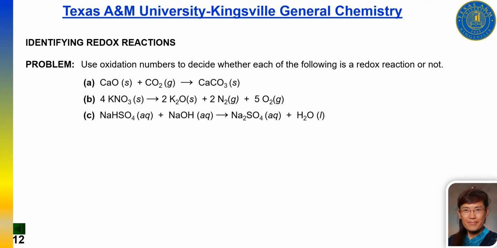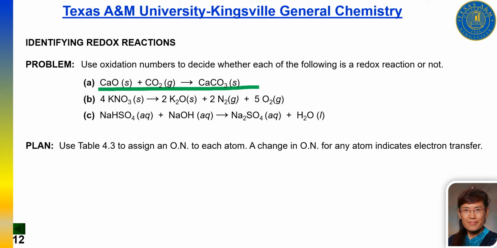If you already know the oxidation numbers, how do you know whether an oxidation-reduction reaction occurs or not? If there is a reaction, is this reaction a redox reaction? How do you determine it? Your plan is to assign the oxidation number for each element.